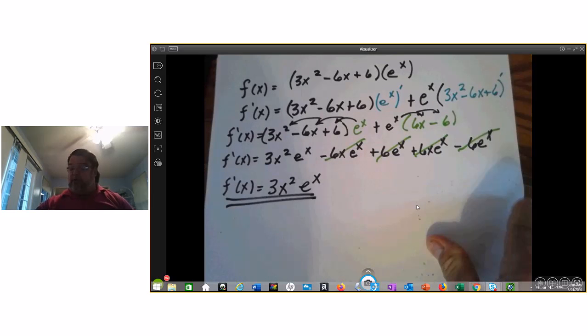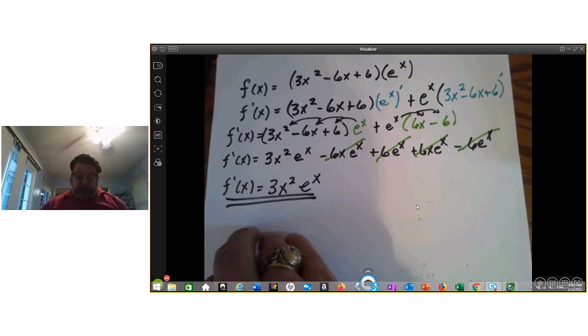And let me give you another one. Another good test question. Let's do the second derivative. W is equal to 6z squared e to the z.